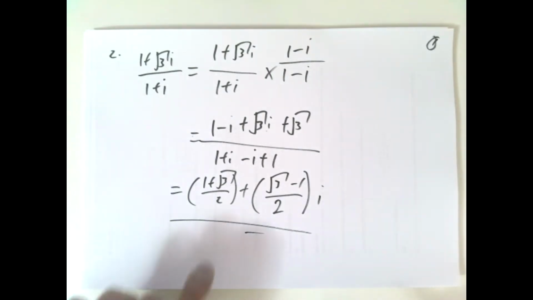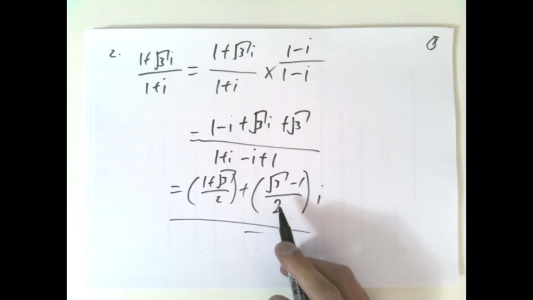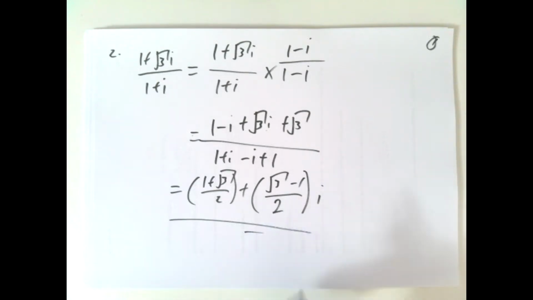So, at least we got x to be 1 plus root 3 and y to be root 3 minus 1, all over 2.